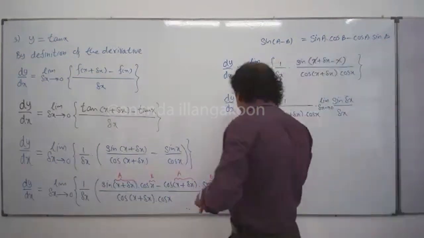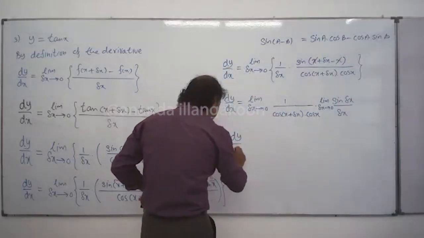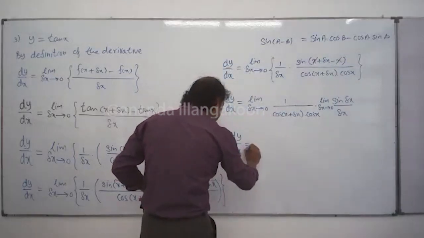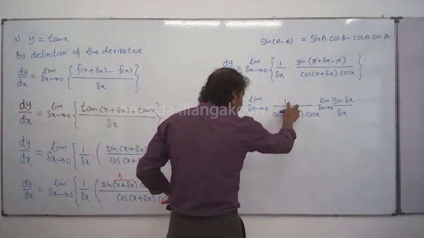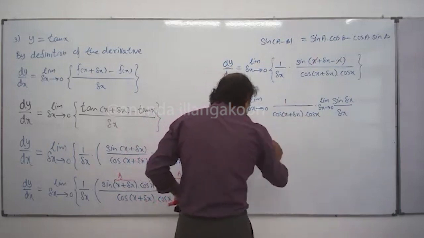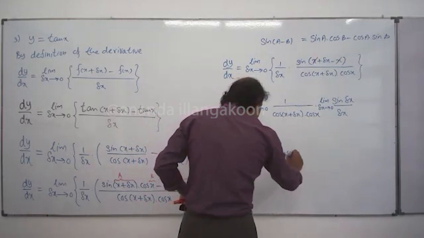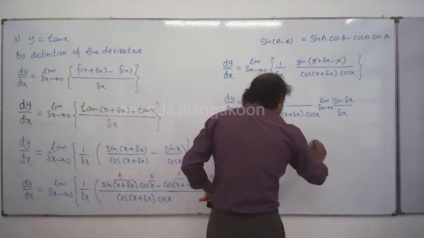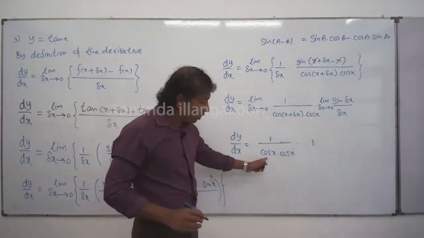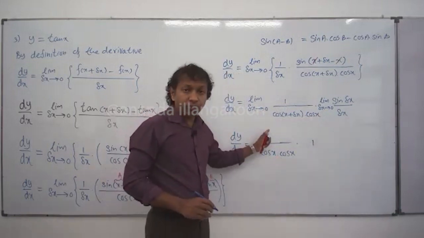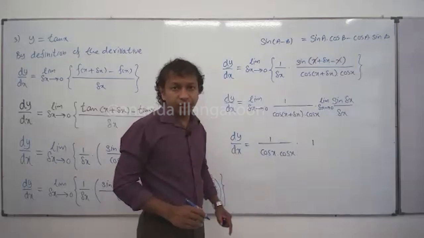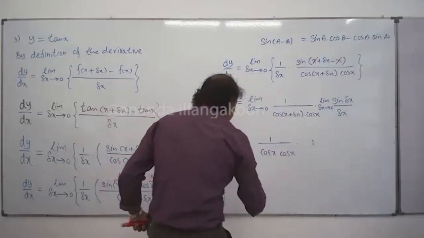Understood? So we get dy by dx as, when you put 0 here, 1 upon cos x and cos x here, 1 upon cos x into cos x, and here this is 1. Then cos x into cos x is cos squared x. 1 upon cos squared x means sec squared x. That into 1 is sec squared x itself.